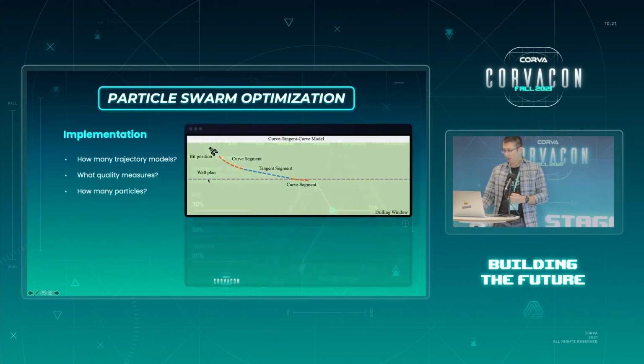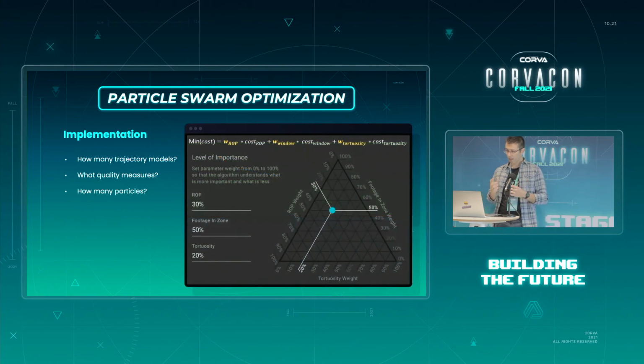Okay, now that the computer has learned how to get there, another question is when to stop. We have to have a target, a quality measure to say, okay, this is good enough, let's stop and return. We accomplish that with an objective function, which is described here. Mainly, we have three components.